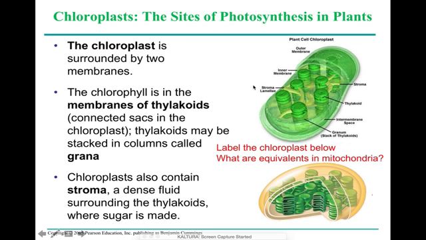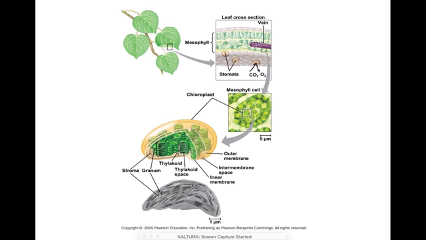Okay, so let's go deep into a chloroplast. Make sure you know all the parts of this chloroplast, and know the difference between the stomata and the stroma. Stroma is the fluid inside the chloroplast, whereas stomata are the pores made of two guard cells.